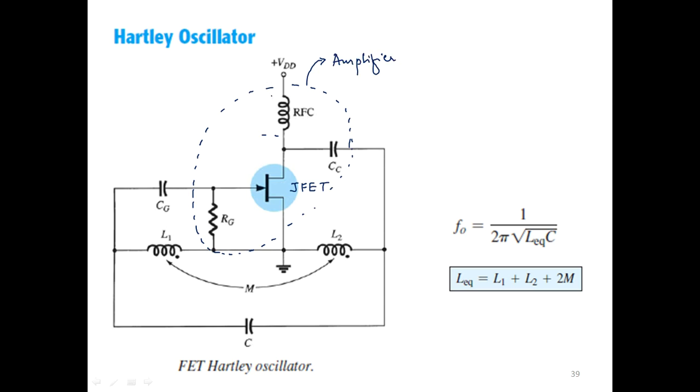Instead of a normal resistor, in your biasing circuits we normally use resistors, right? So we can use resistors here also, but it is more preferred to use a radio frequency choke instead of a resistor. It's an inductor itself.